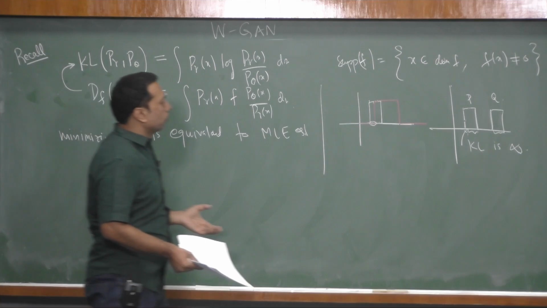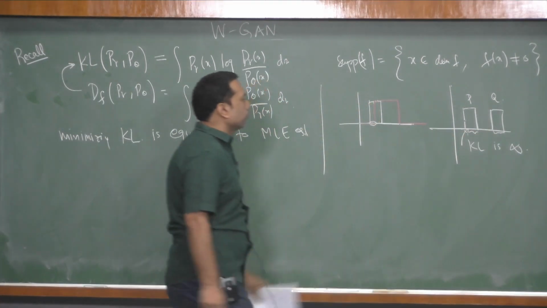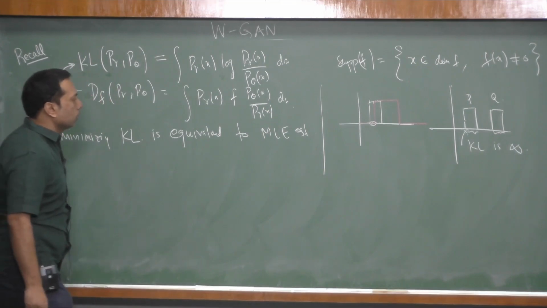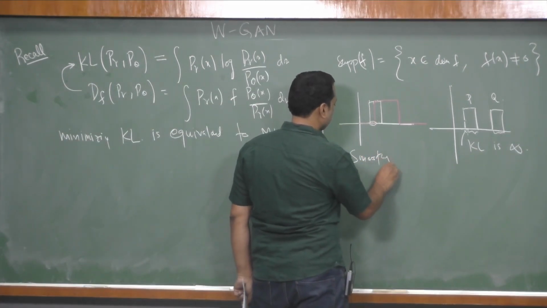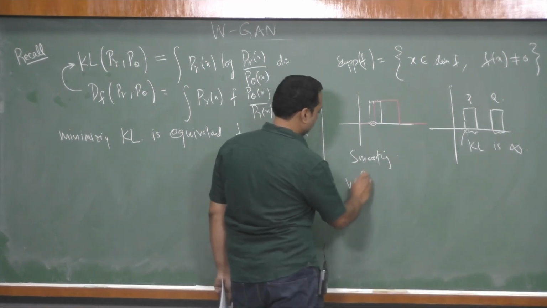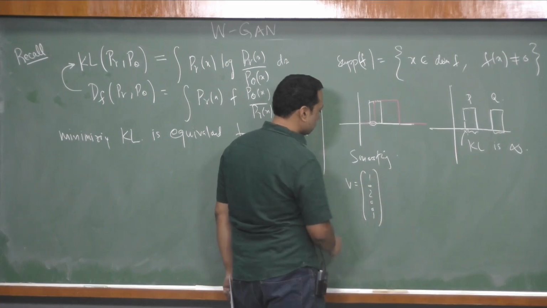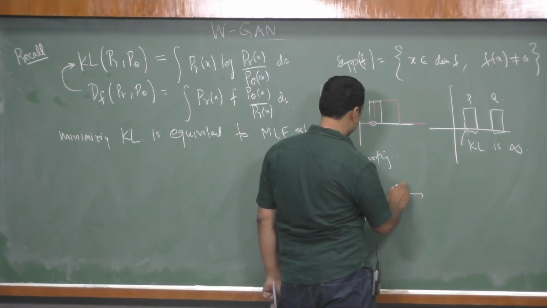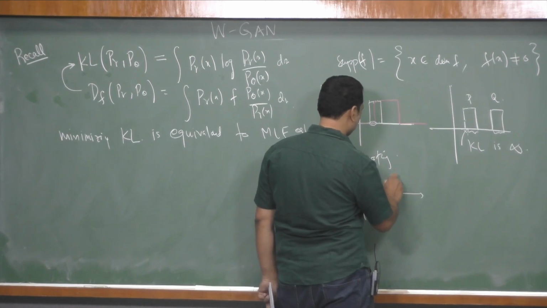The problem seems to be this 0, so why not do so-called smoothing, right? So smoothing here means, given a vector V, I have like this, then smoothing usually means that I make zeros perturbed by some epsilon, okay?